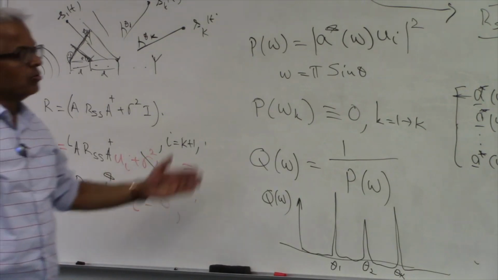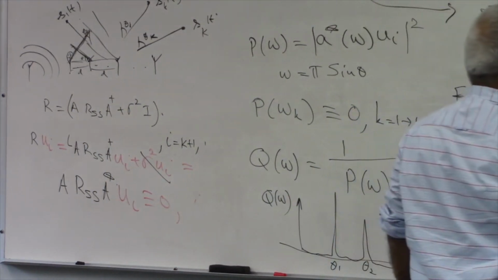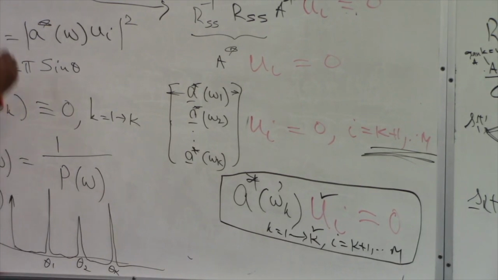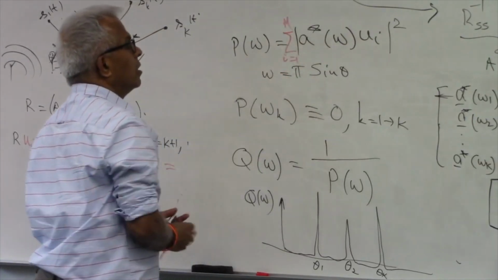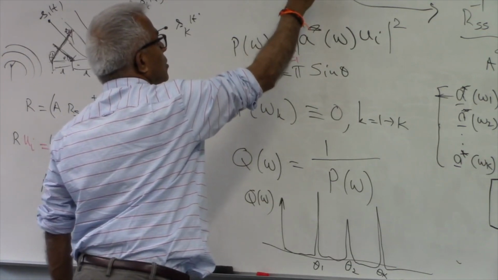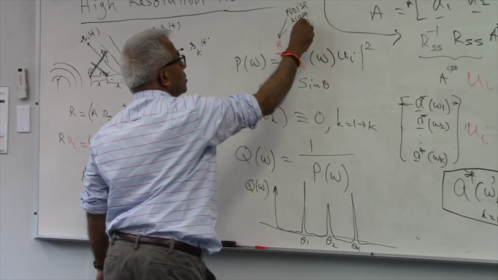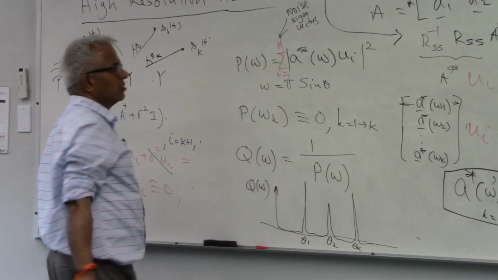In fact, look here, we haven't exploited all the eigenvectors. This is true for k plus 1 through m. So of course this is true even if you sum up over all the eigenvectors. This is over all the noise eigenvectors. And so the rest follows.